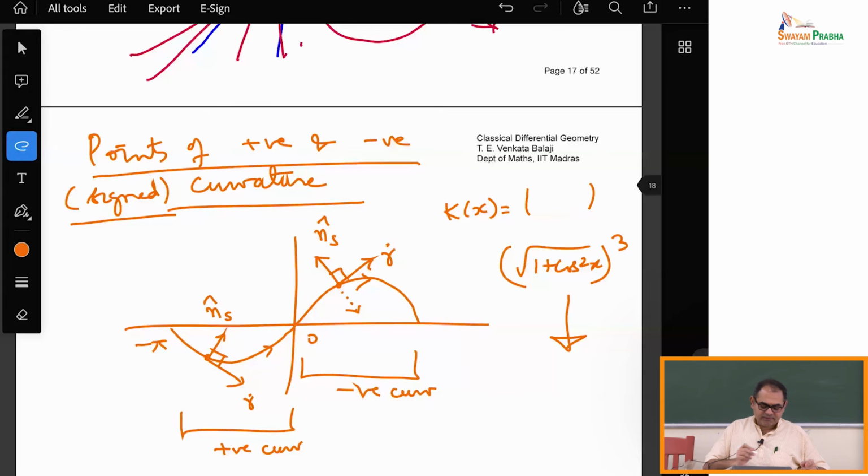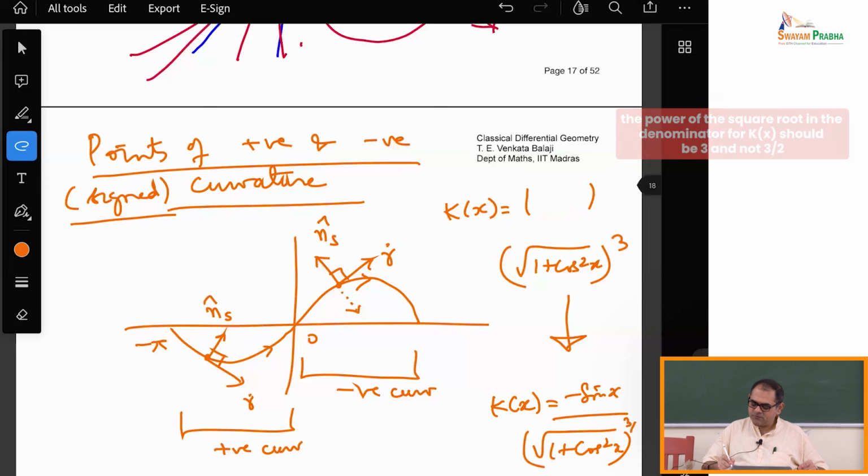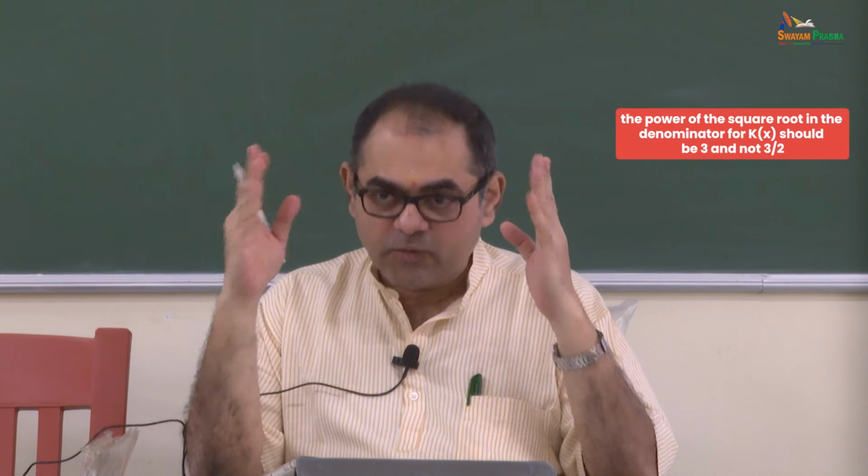You can think of it like this: if you take k(x) as minus sin x by (1 plus cos squared x) to the 3 by 2, then everything works all right. But is this minus sign the correct thing to put? Because the formula for k(x) is a norm: in the numerator you have the norm of gamma dot cross gamma double dot, and in the denominator again the norm of gamma dot cubed.